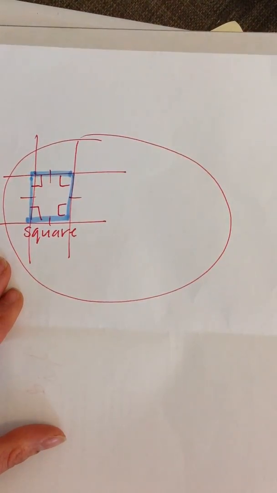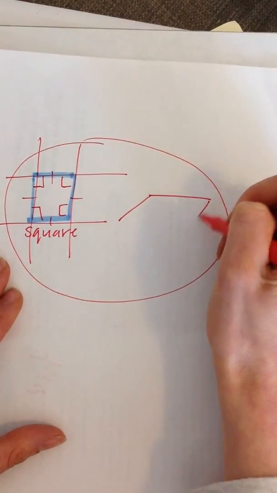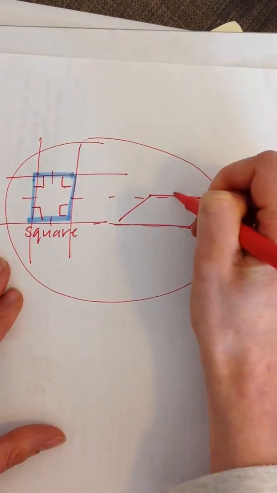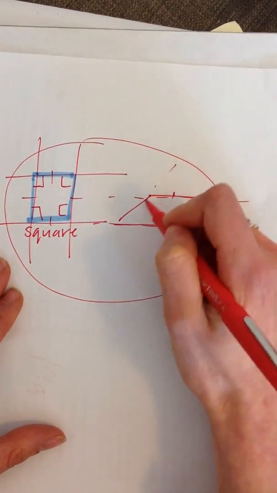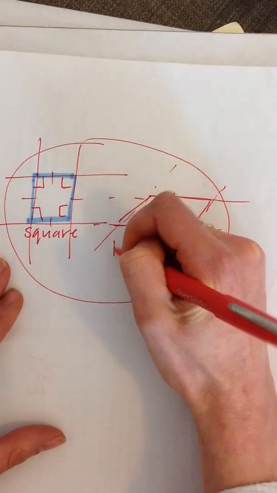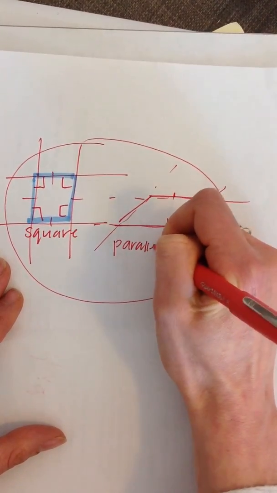So I'm wondering, and I know you're wondering too, and the first thing that comes to mind is a parallelogram. Why? Because we know from its name that a parallelogram has 2 pairs of opposite parallel lines. So another name for a square is a parallelogram.